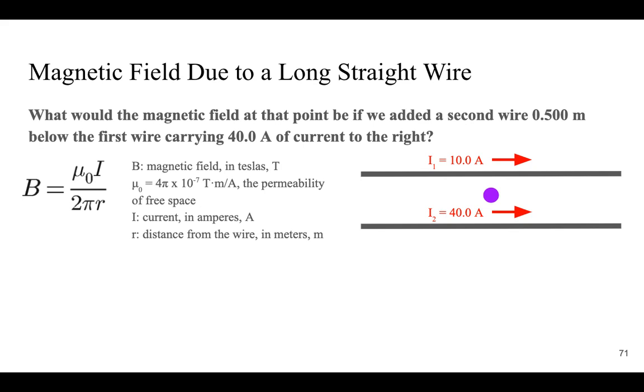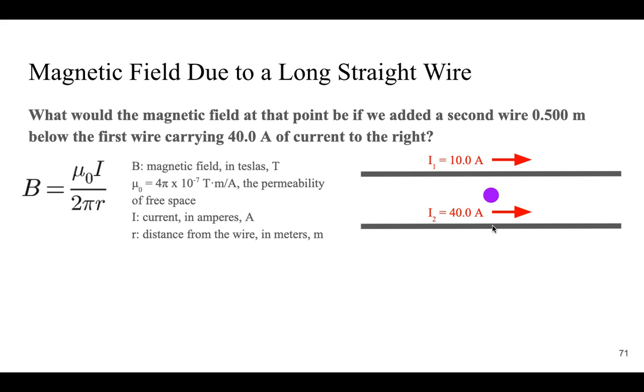So now we still have that first wire, and now we have a second wire. This second wire is 0.500 meters beneath the first wire, and this one's carrying 40 amps of current also to the right. So we're still trying to figure out the magnetic field at this point. We already know the contribution of this part. We've got to figure out the contribution of this part.